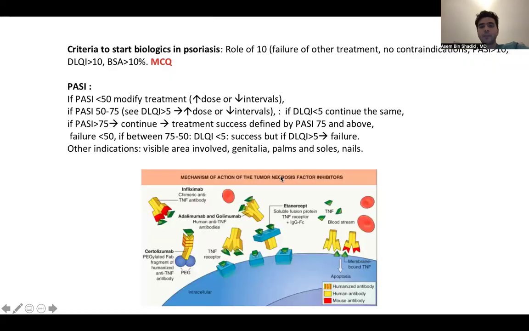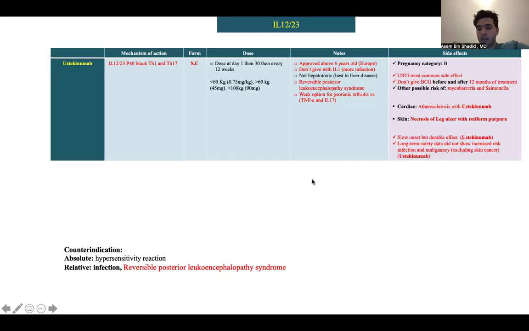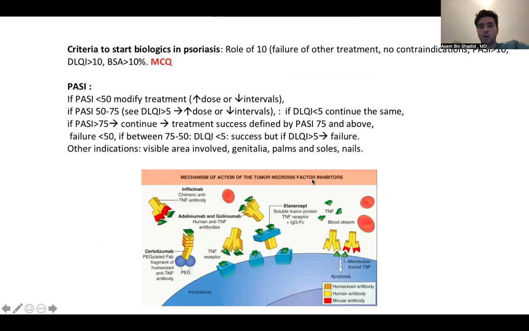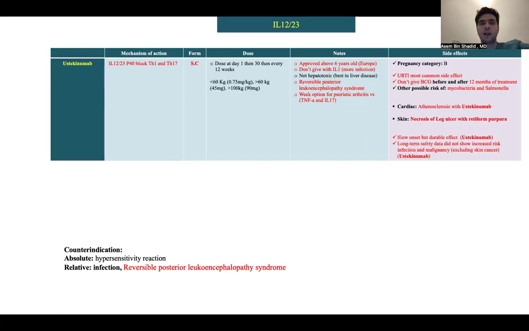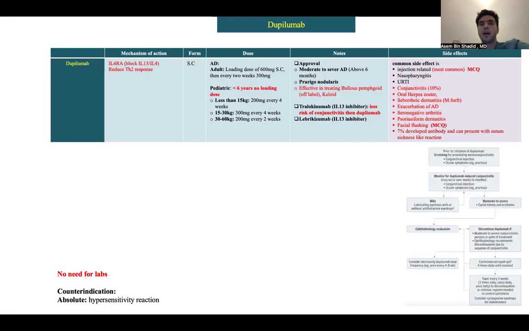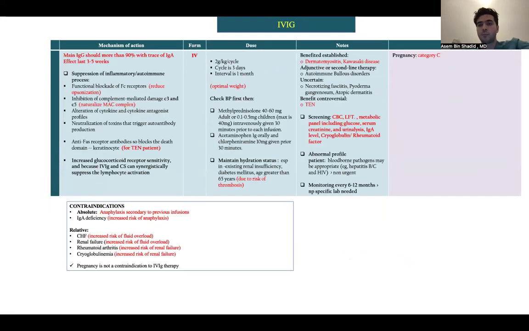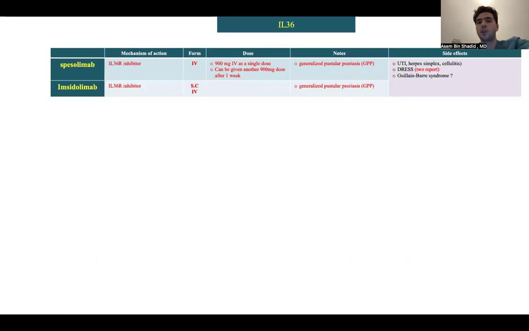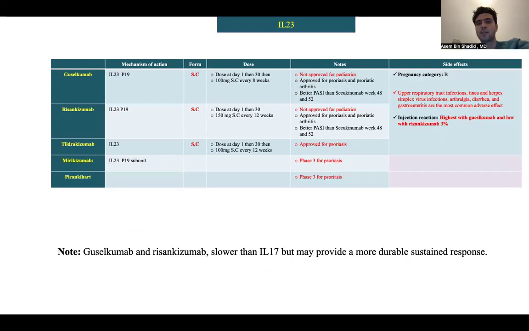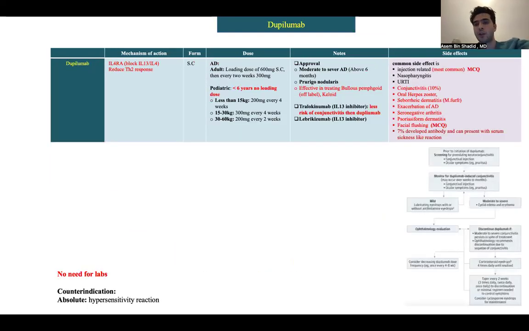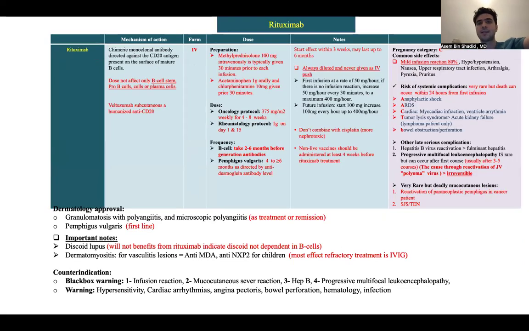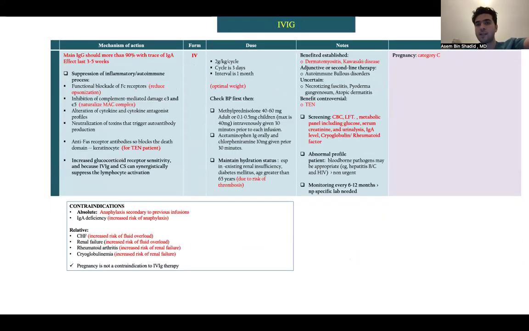Okay? Also, he described it a little bit advanced for some of you who are interested, but the most important are the tables. I will go through the most important things. Of course, these are all the biologics that we use in psoriasis. This is the biologic we use for atopic dermatitis. This is for bullous diseases, IVIG, for most of the connective tissue diseases.